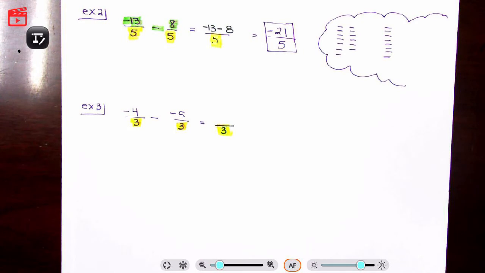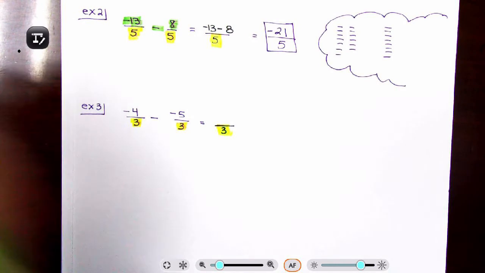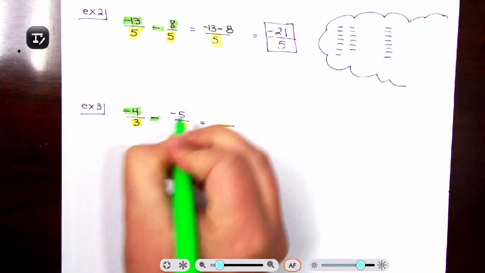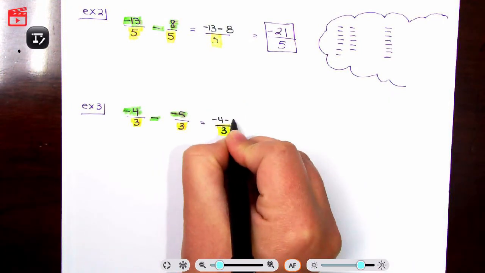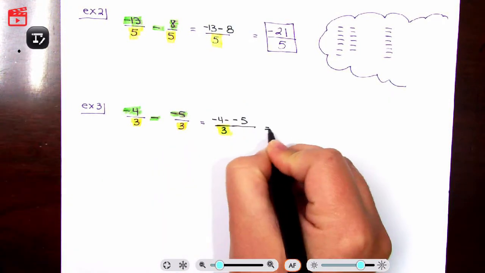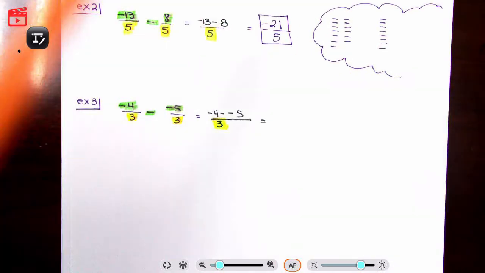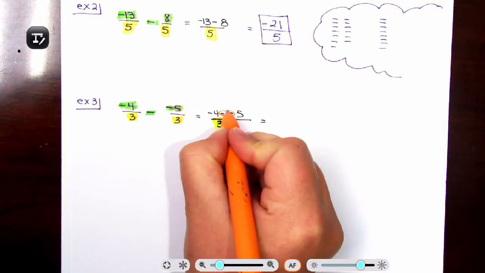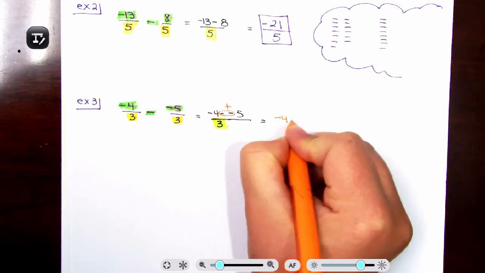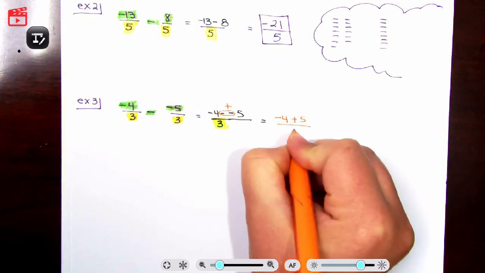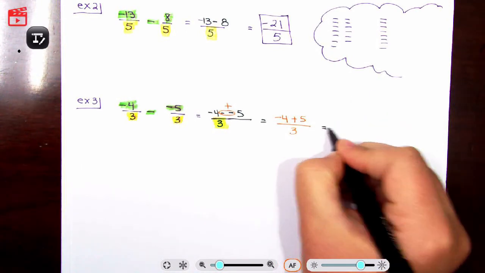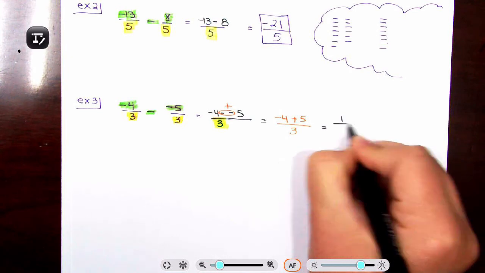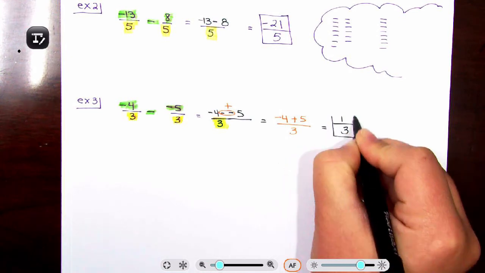In the numerator, we have that negative 4. Let's highlight that so you guys can see negative 4 minus negative 5. When you write that, you see that you have 2 negatives. And 2 negatives, if you circle them, make a positive. So what we have is negative 4 plus 5 over 3. Thinking bubble if you need to, otherwise this equals positive 1 over 3, so 1/3.